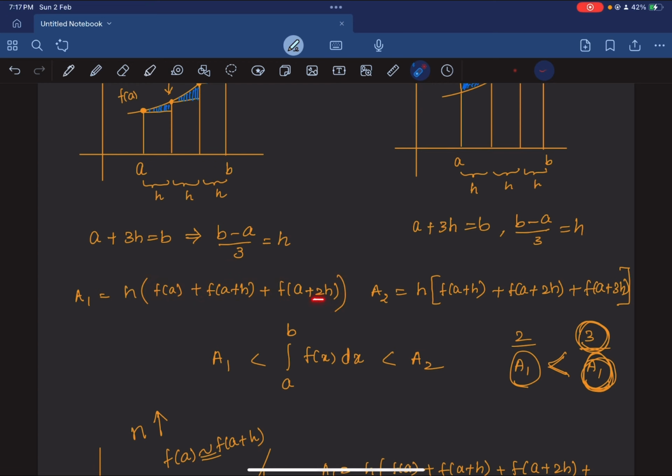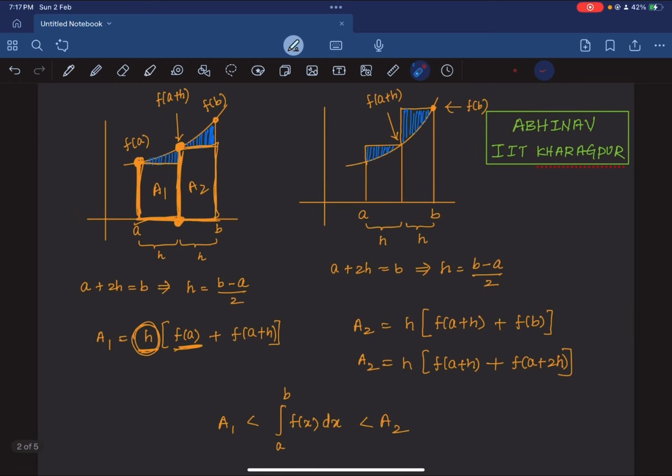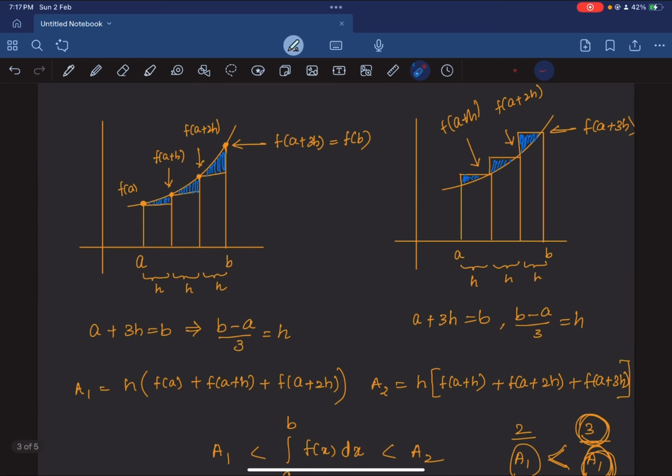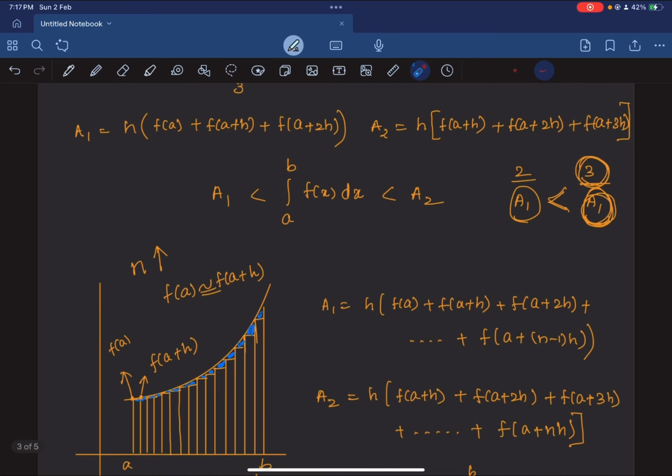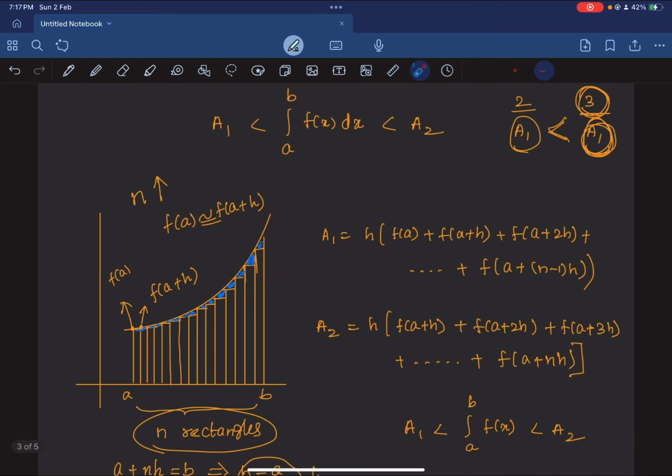When we have 2 rectangles, it is f of a plus h. Here it is f of a plus 2h when we have 3 rectangles. So when we have n rectangles, it will be f of a, a plus h, a plus 2h, and so on, a plus (n minus 1)h.